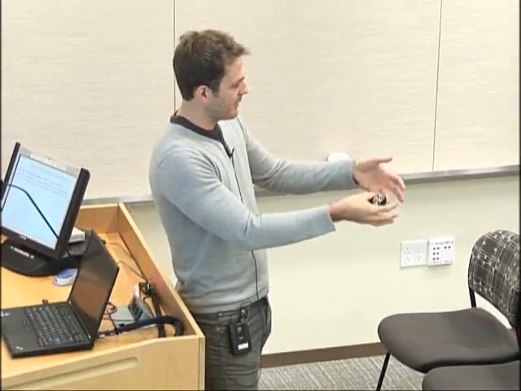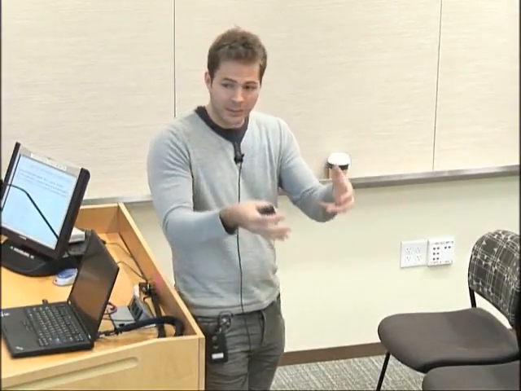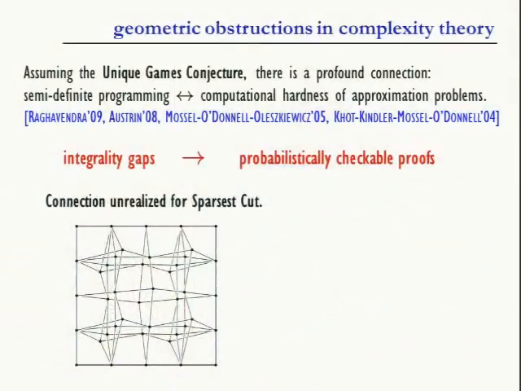There is a mechanism to take a semi-definite programming gap and convert it into an actual statement that the problem is difficult to solve by any efficient algorithm, assuming the Unique Games Conjecture. But unfortunately, this connection is essentially unrealized for Sparsest Cut.